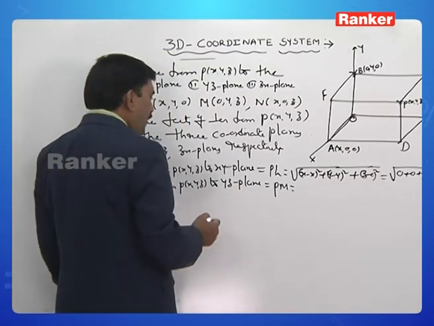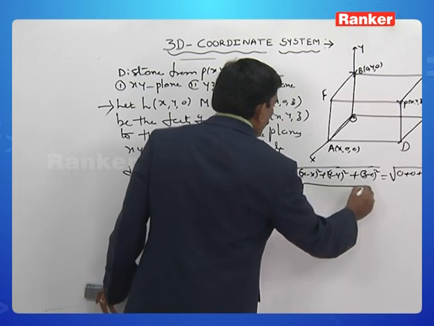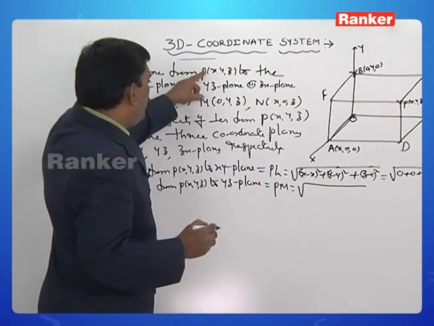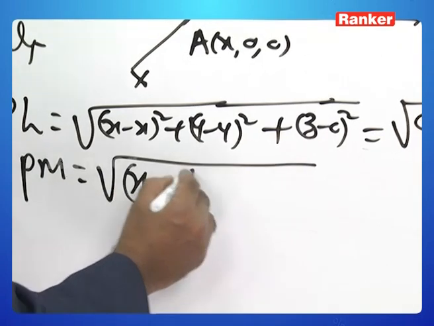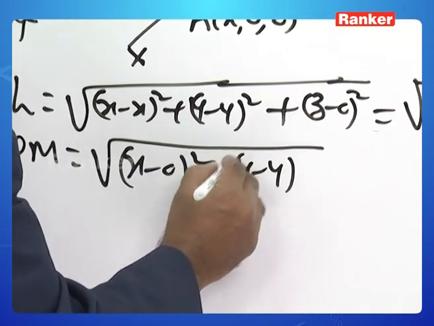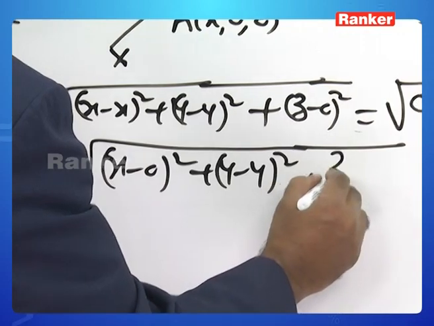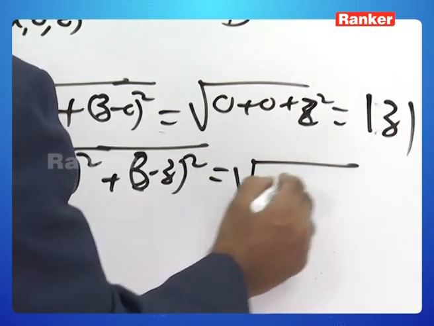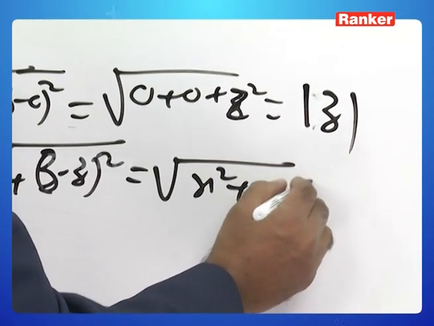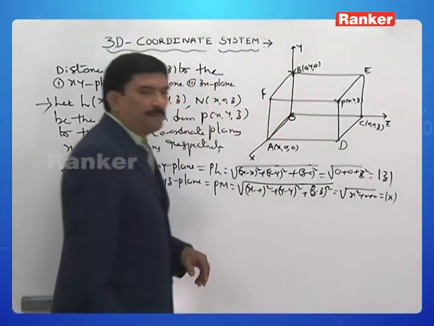So therefore, I can write PM is equal to, apply the distance between P and M: square root of (x minus 0) whole square plus (y minus y) whole square plus (z minus z) whole square, which is nothing but x square plus 0, that is mod x.